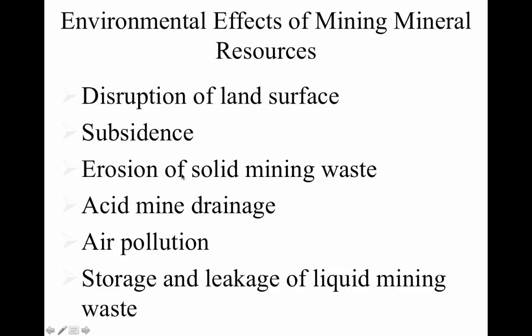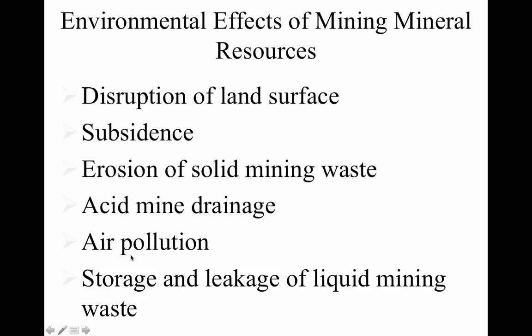The erosion of solid mining waste. Mining companies generate a lot of waste and they just create a big pile of it, and then the weather is going to start carrying it into water systems. They use a lot of acid in processing these ores and the resources, so you actually wind up with some acid contamination.